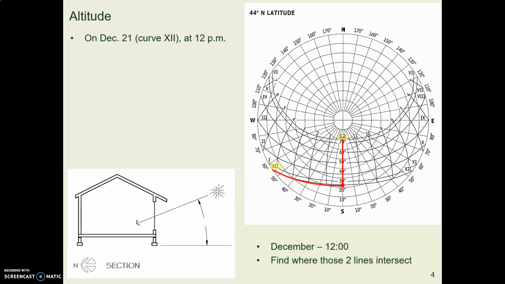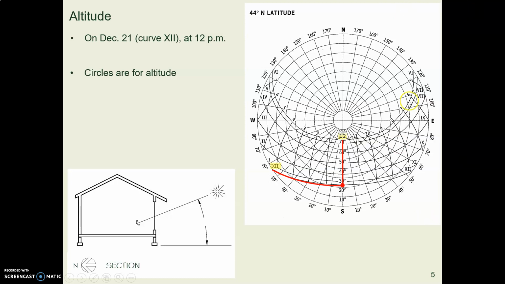So that's where they intersect. Now, these concentric circles mark the altitude. So where is there a circle that goes through that big dot we just marked? Well, there it is. It doesn't fall exactly on one of these grid lines. They almost never do, but that's okay.